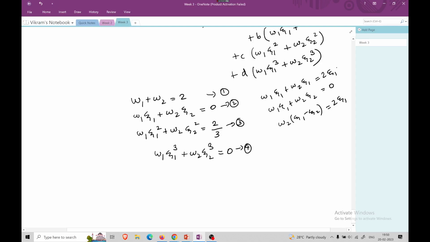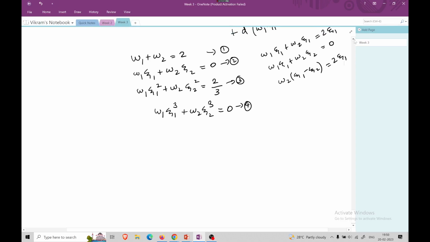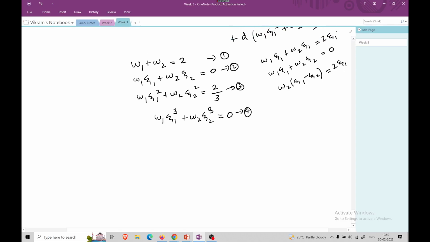Okay. So again I am multiplying first equation by epsilon 1. Epsilon 1 square plus W2 epsilon 1 epsilon 2 is equal to 0, W1 epsilon 1 square plus W2 epsilon 2 square is equal to 2 by 3.